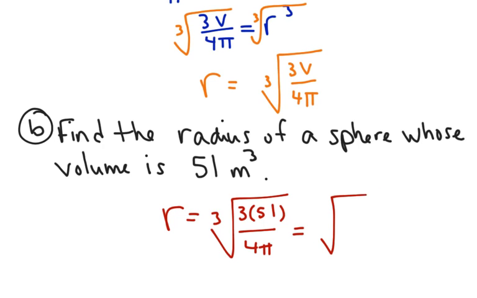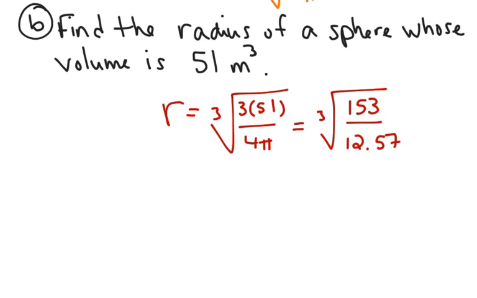However, you may feel more comfortable multiplying the numerator and then multiplying the denominator and writing a rounded off value, 12.57, and then doing 153 divided by 12.57, which is going to give you approximately 12.17, and then taking the cube root of 12.17 and getting approximately 2.3.